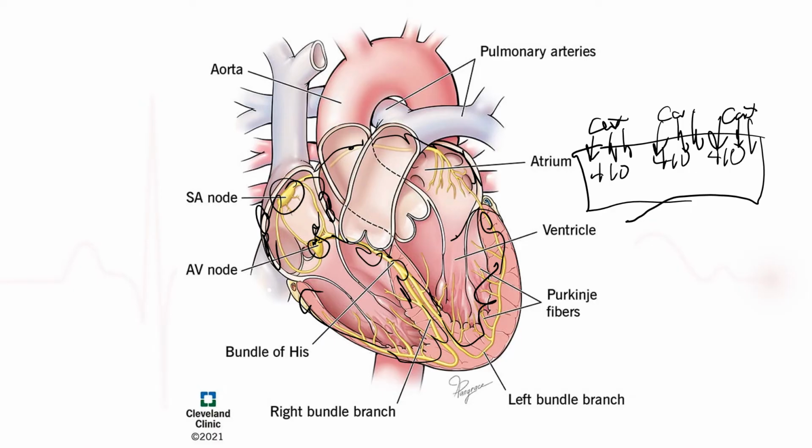So the point is, when the action potential begins to propagate down these AV node fibers, it slows down significantly, right? The action potential is propagating through these atrial fibers very rapidly because the atrial fibers propagate their action potentials utilizing, most importantly, sodium and calcium. And that allows for the atrial fibers to propagate action potentials very quickly.